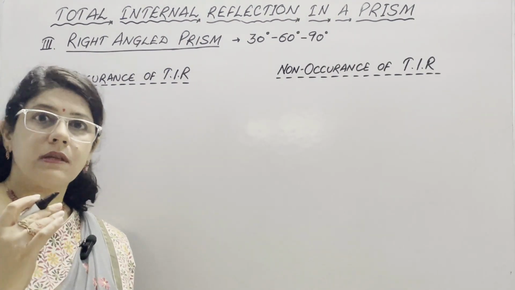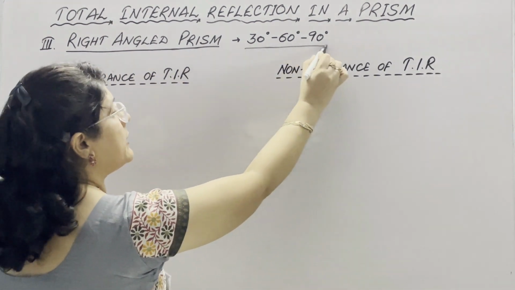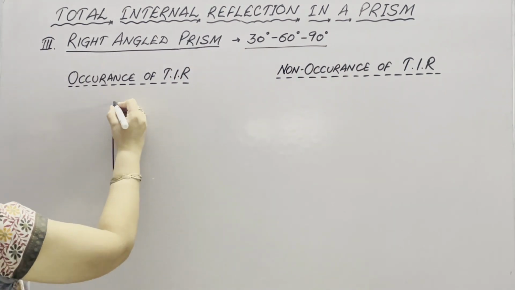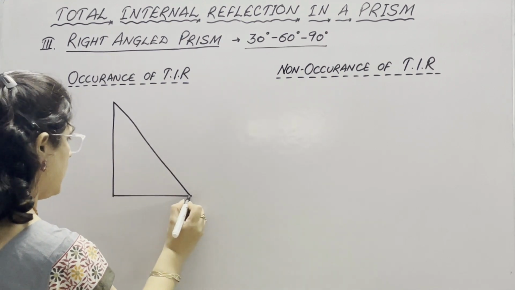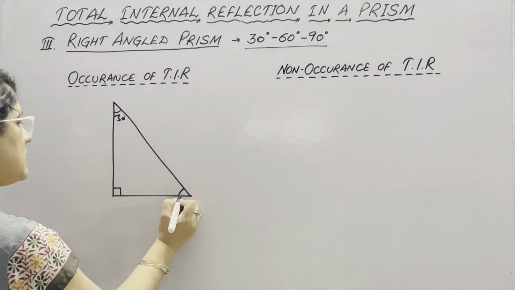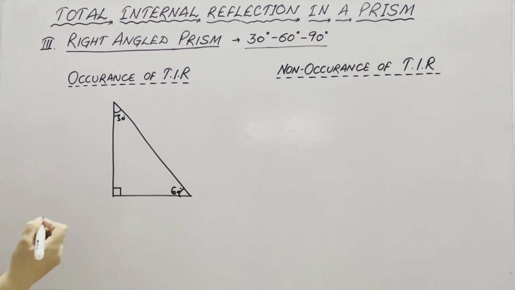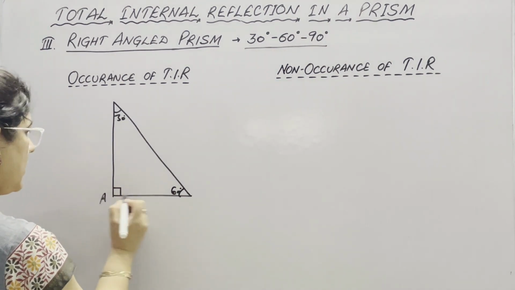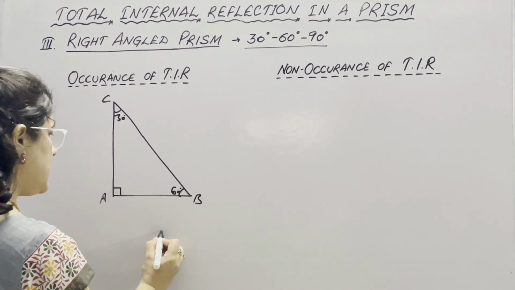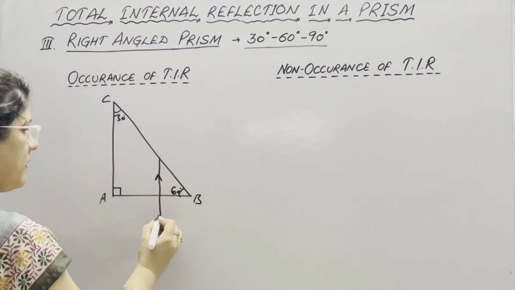Now we are going to discuss the third type of prism, which is a right angled prism but having angles of 30, 90 and 60 degree. So in this case, this is 90 degree, this is 30 degree and this is 60 degree. We are going to discuss the first case in which a light ray is entering from this side AB, striking the surface and passing undeviated.